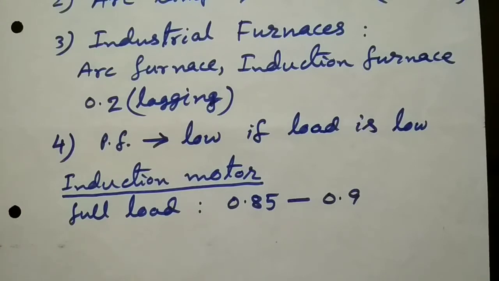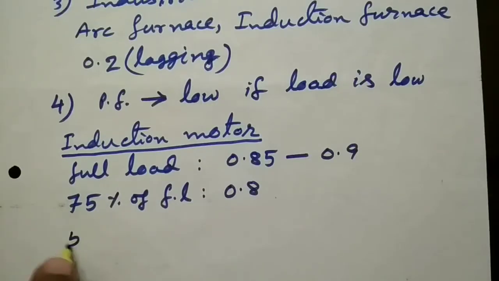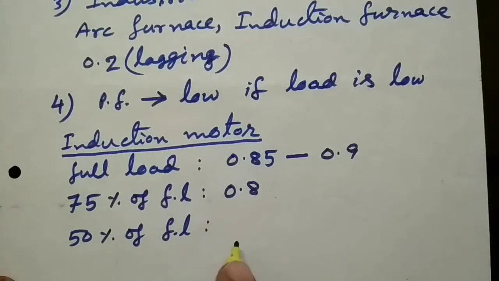If the induction motor operates at 75% of full load, then the power factor will be reduced to 0.8. If the induction motor runs at 50% of full load, then the power factor becomes 0.7.